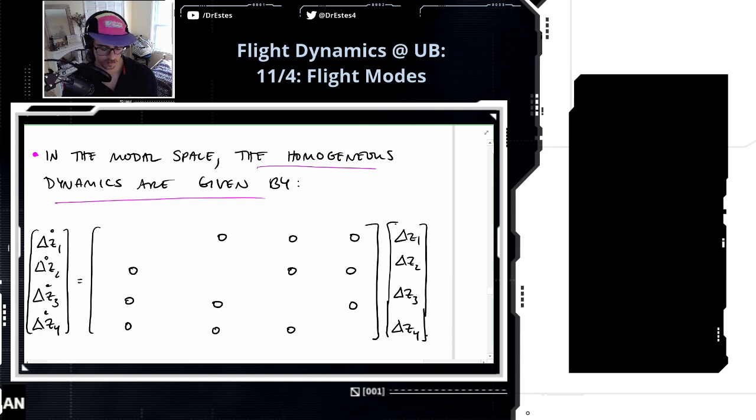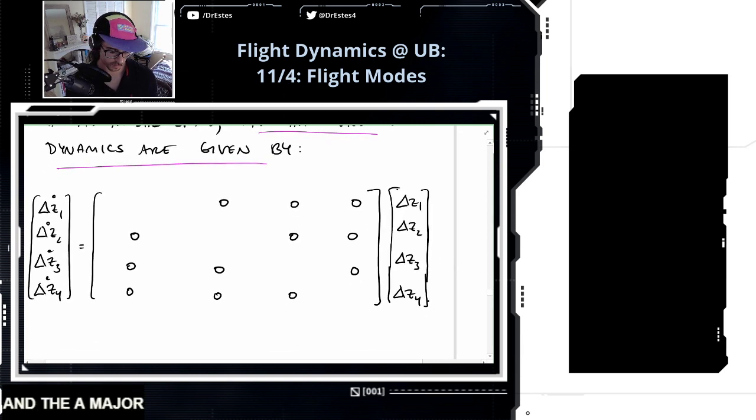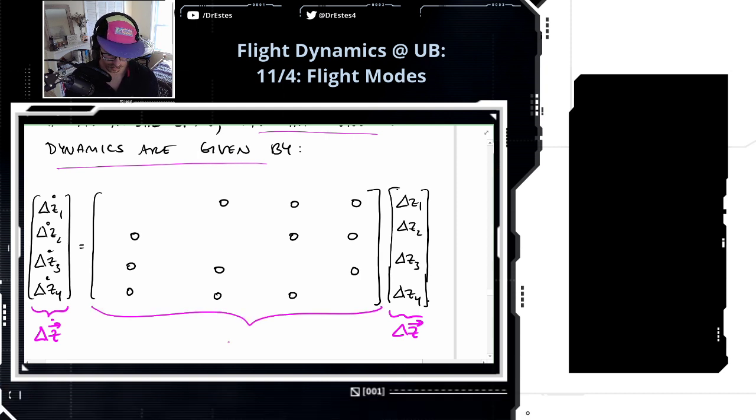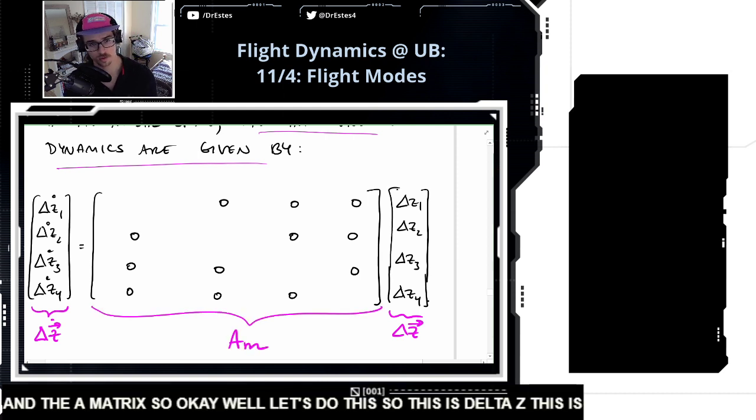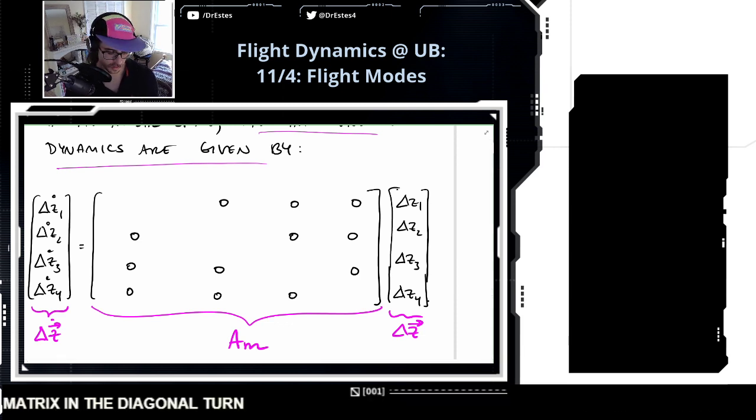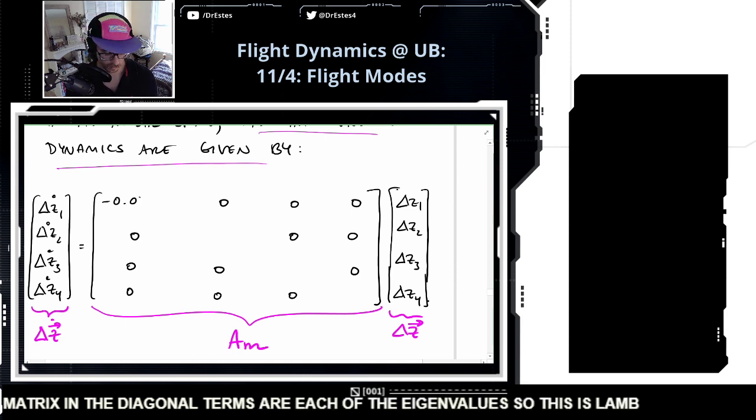And the A matrix, so okay, well, let's do this. So this is delta Z. This is our modal A matrix. And the diagonal terms are each of the eigenvalues. So this is lambda 1.